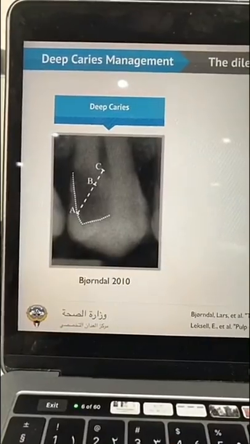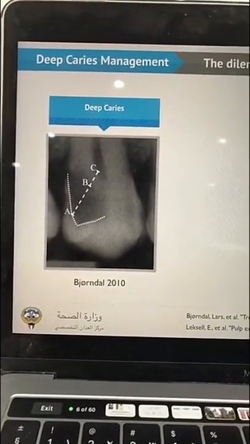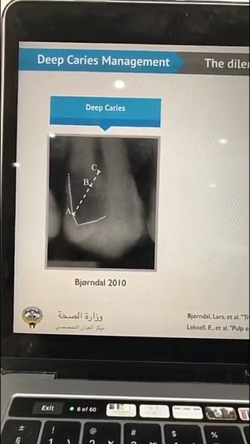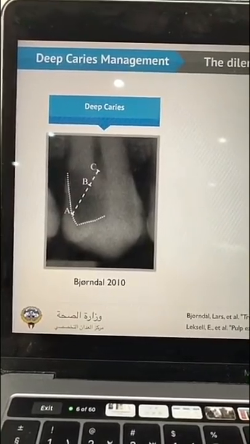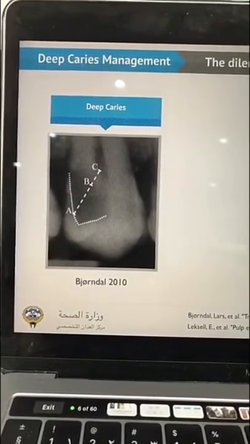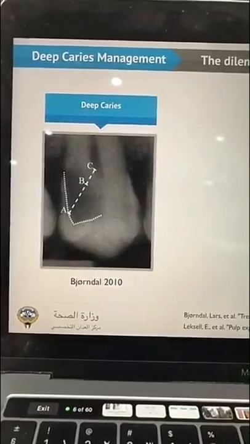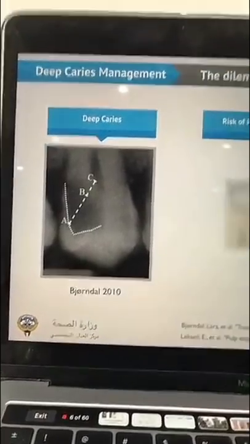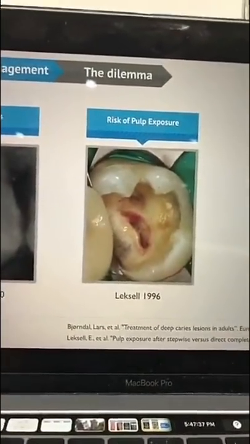Welcome to the second part of deep caries management, and today we'll focus mainly on clinical situations. When we talk about deep caries management, we mean caries that is at least within the inner 2/3 of dentin. The problem with these lesions is they have a very high risk of pulp exposure.